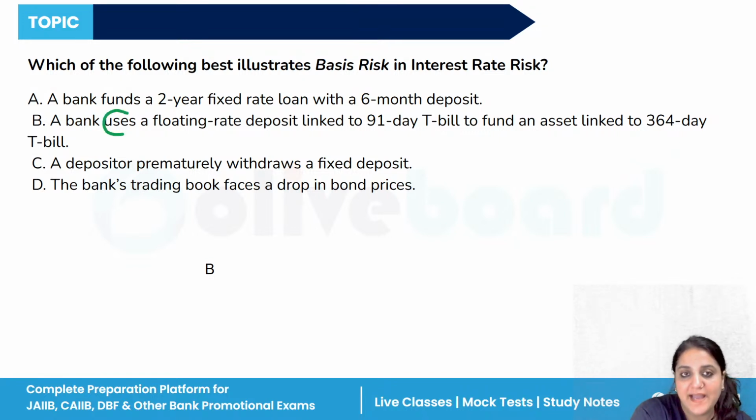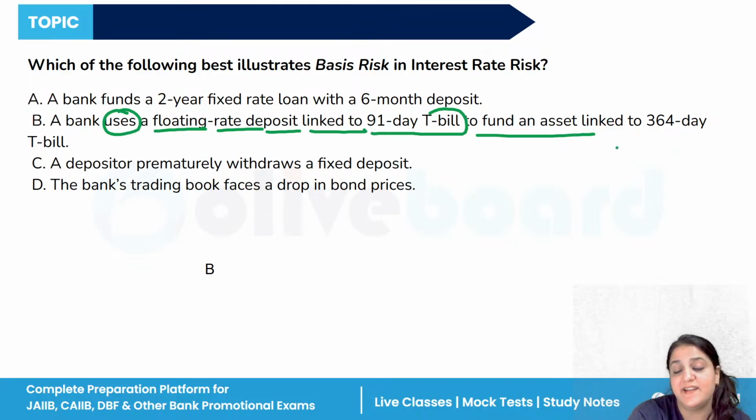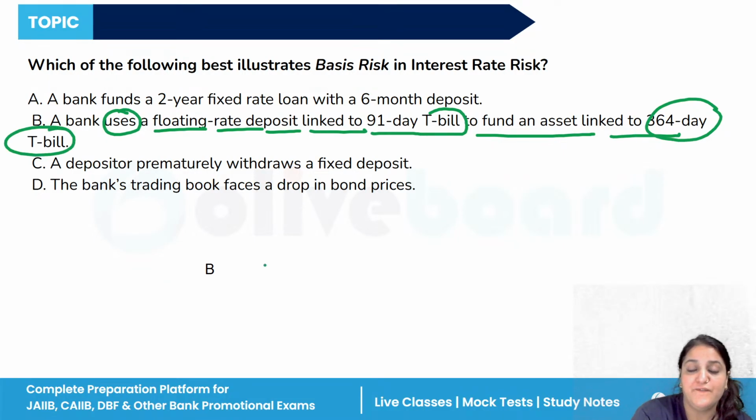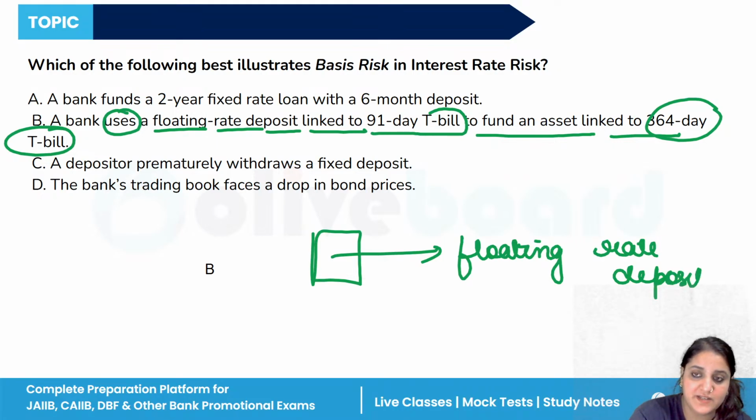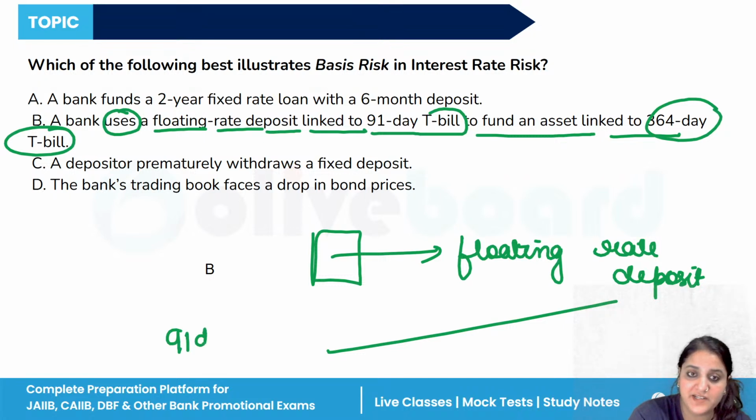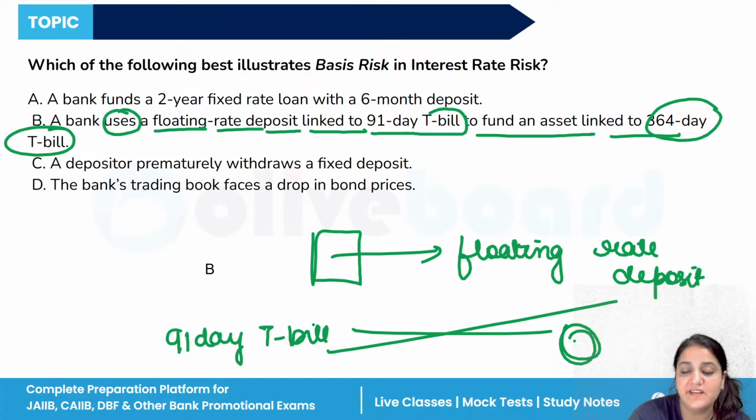See, a bank uses a floating rate deposit that is linked to the 91-day treasury bill to fund an asset that is linked to the 364-day treasury bill.